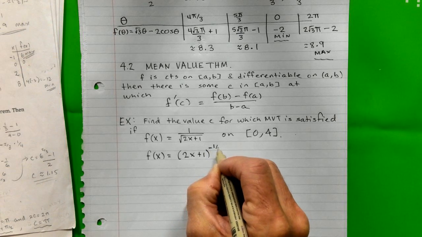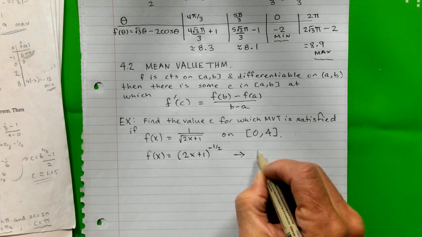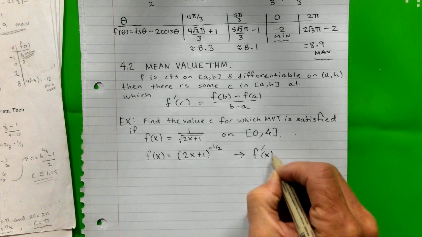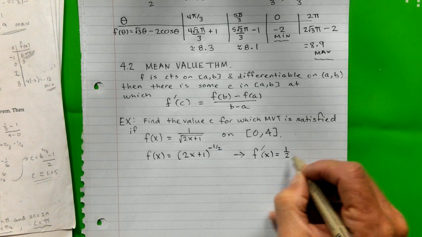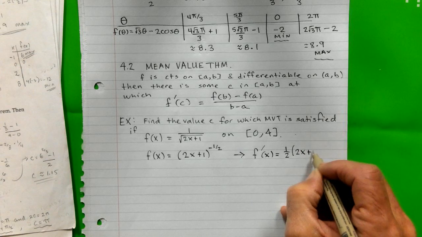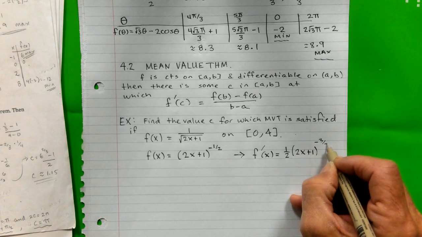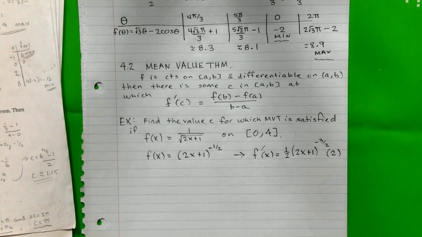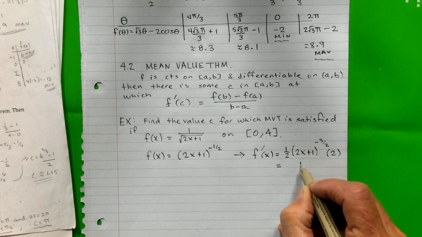So I suggest starting here to take the derivative. Something like that. So the half and the 2 cancel each other, and we can write that over.